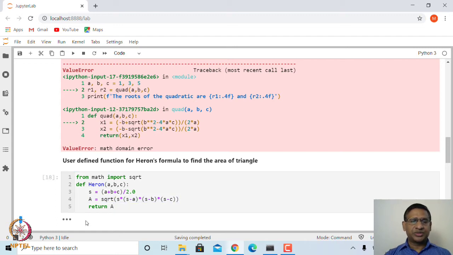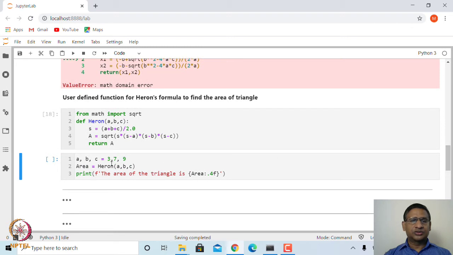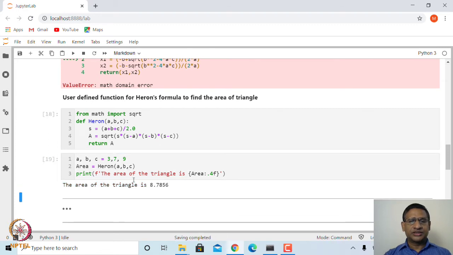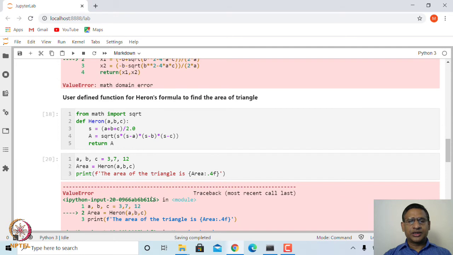So, this is fairly simple, and let us again call this. So, a, b, c are 3, 7, 9 and the area of this triangle is 8.7856.